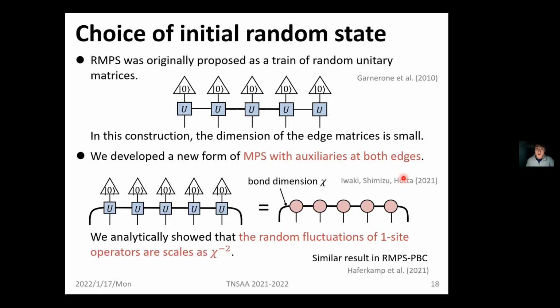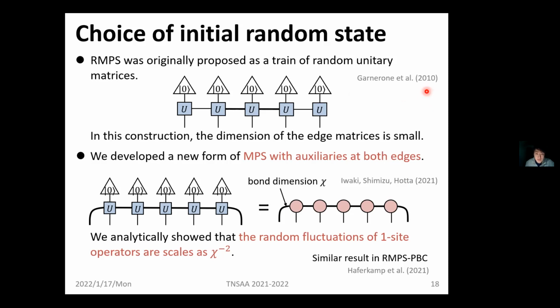Random MPS, called RMPS, was originally proposed as a train of random unitary matrices by the Italian group in 2010. In the original construction, the bond dimension near the edge becomes small. This will deteriorate the randomness of the initial state.